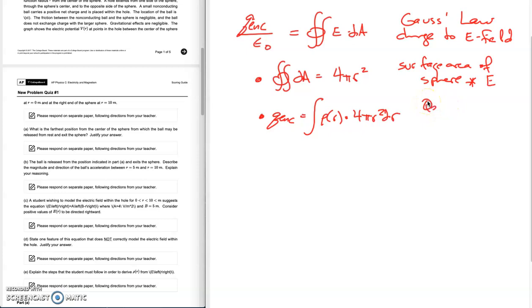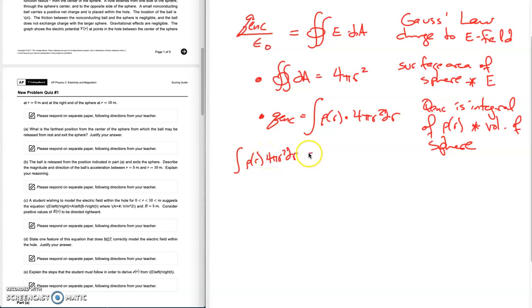So you write Q enclosed is the integral of rho times volume of sphere. Then you substitute both of these in, so we have the integral of rho of r times 4 pi r squared dr equals E times 4 pi r squared.